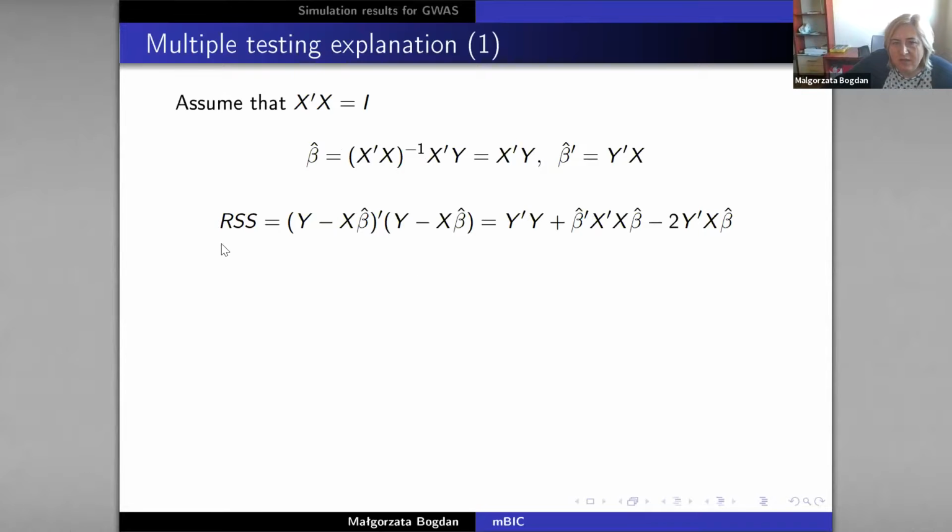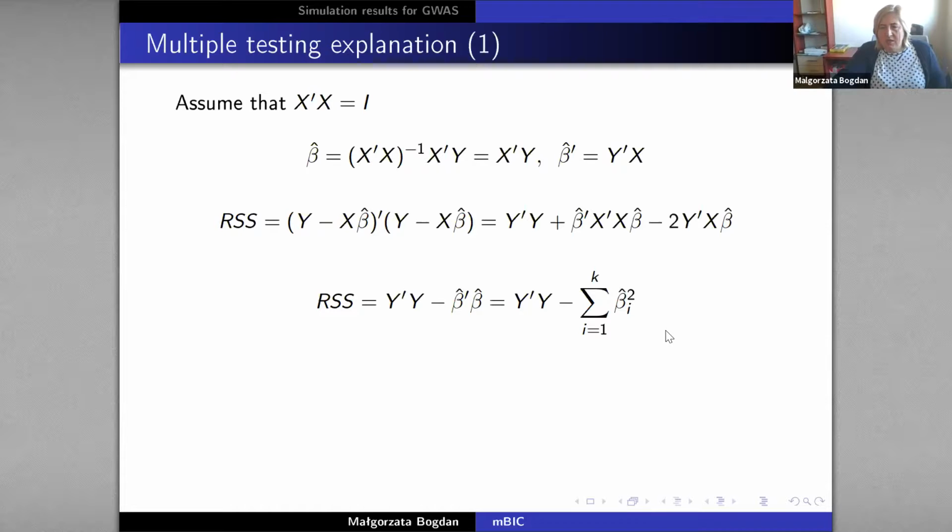Now let's calculate the residual sum of squares. So here you have a formula for the residual sum of squares. And you can find out that in this situation, when X prime X is identity, the residual sum of squares is simply equal to Y prime Y minus the sum of squares of your beta i hat.